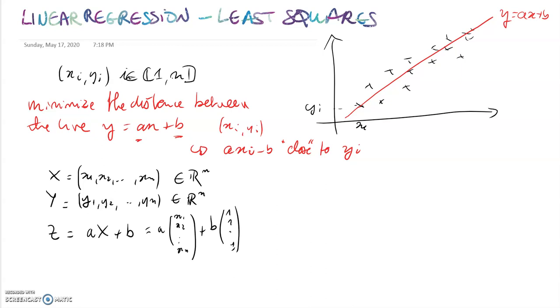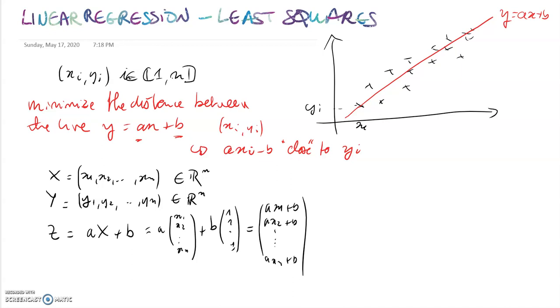So that z is also a vector of R^n with coordinates ax1 plus b, ax2 plus b, etc., axn plus b.